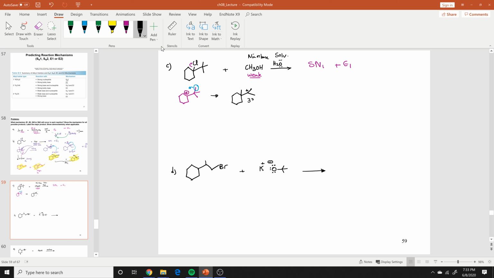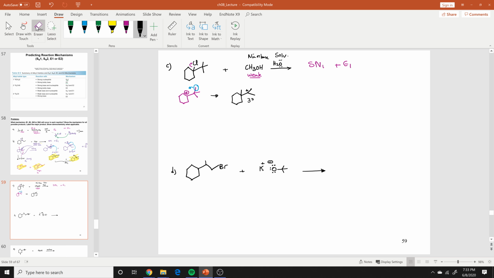That is tertiary. That was still a tertiary in there. So you have a tertiary here, you have a tertiary there. This is a 1, 2, and a 3. This is a 1, 2, and a 3. So both are going to be tertiary in here.